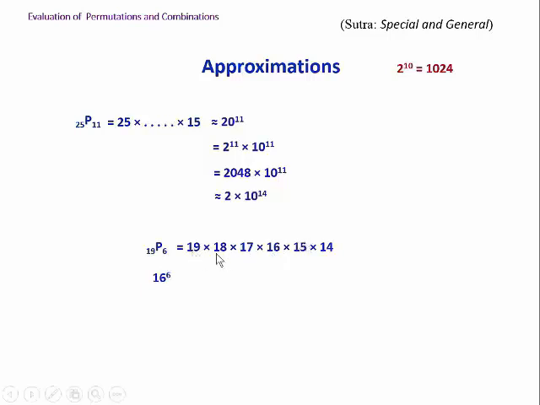That should be close to this product here. And 16 is 2 to the power 4, so we get 2 to the 24, which, using our 2 to the 10, could be 2 to the 10 squared times 2 to the 4. So this is about 1,000 squared, which makes it 1,000,000. So we've got 16 million. And in fact, the answer is this number here. It's about 19.5 million.